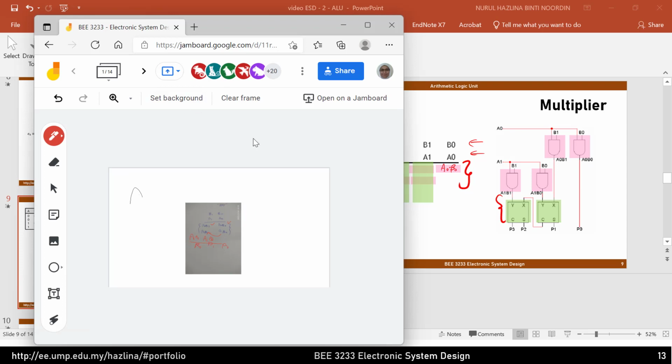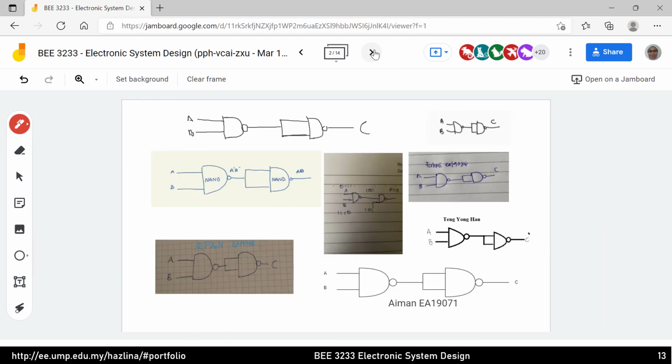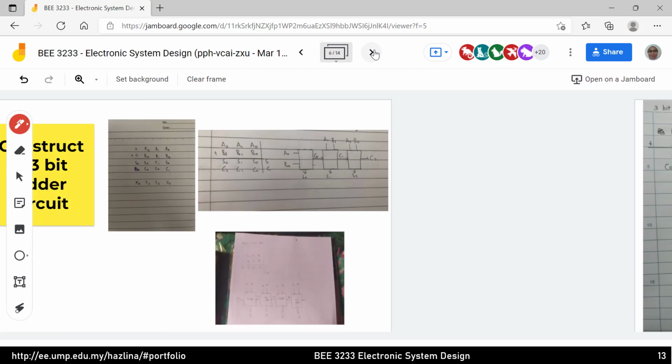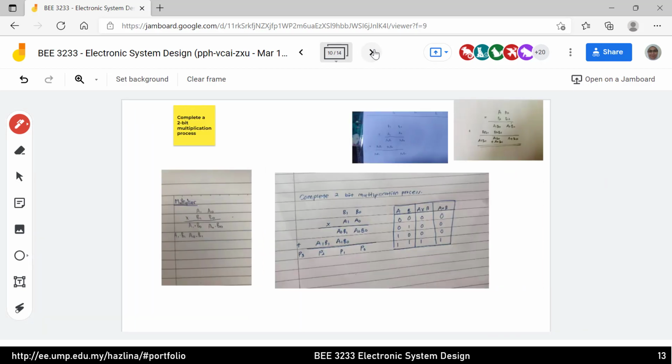Oh, dia ni tambah kat page depan. Okay, kejap. Okay, so tadi, how you did is, this is correct. The elements here are correct, but the product here tak ada.